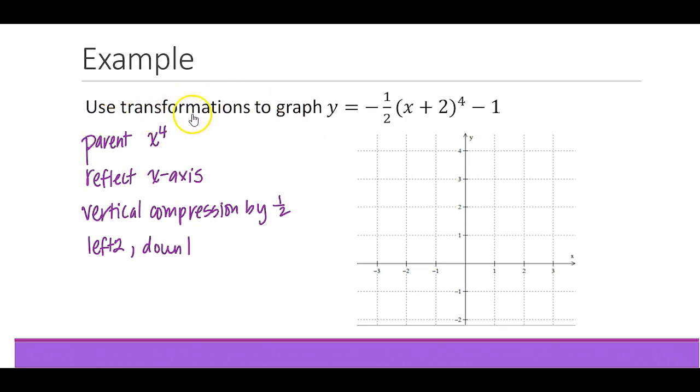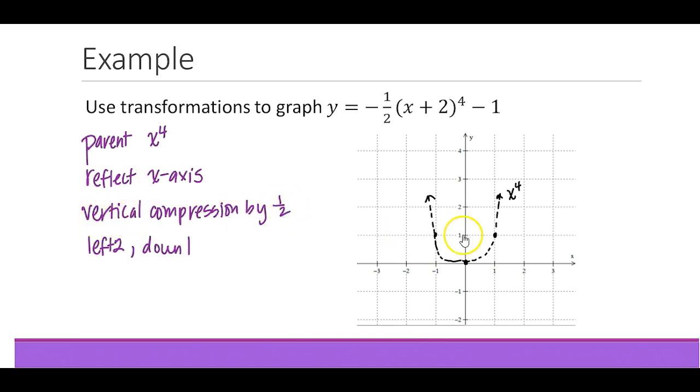So let's go ahead and apply these transformations then. We'll start by sketching our parent function. So it passes through 0, 0, 1, 1, negative 1, 1, as we said. And I'm going to go ahead and sketch it, and I'm going to emphasize that it really flattens out on the bottom there. So this is going to be my function x to the 4th. Now, if I want to do the vertical compression next, I'm going to affect the y value.